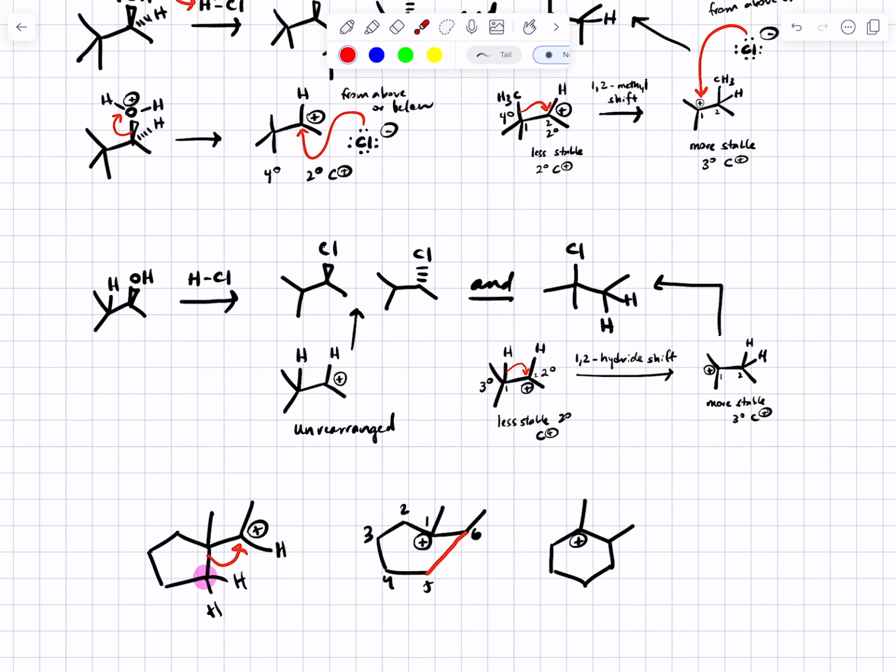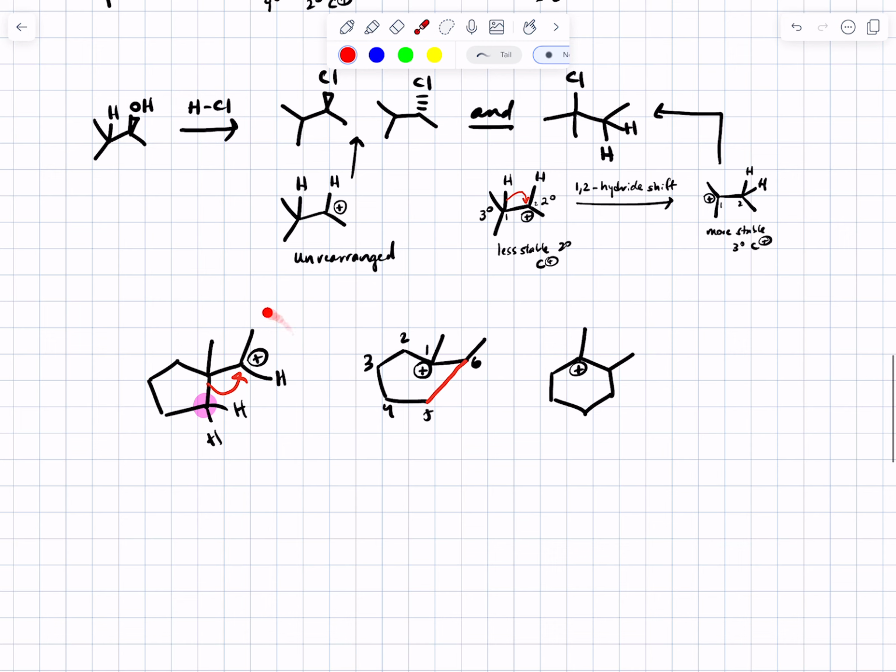That's a predict-products question. On the other hand, I will want you to be able to consider rearrangements like this on a mechanism question. But the benefit of the mechanism question is that you know the rearrangement happened based on how you see the product. And then as long as you know that rearrangement is in your toolbox, you can get there.